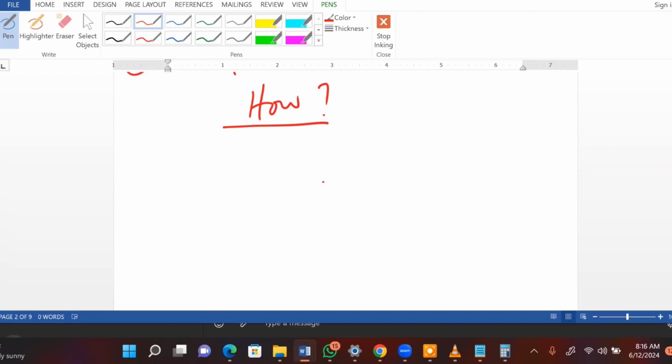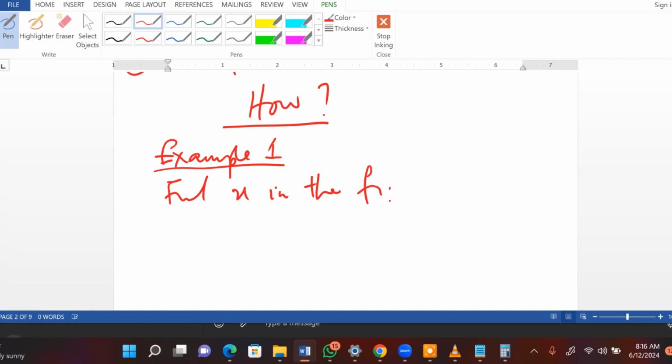Now, the first one, let's have this. Example one. Find x in the figure below.